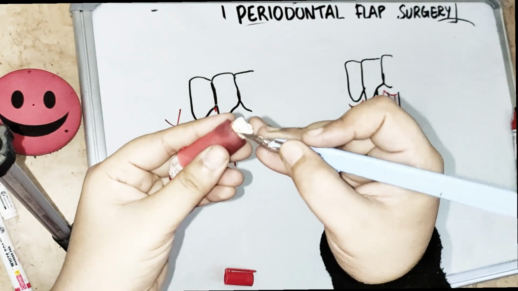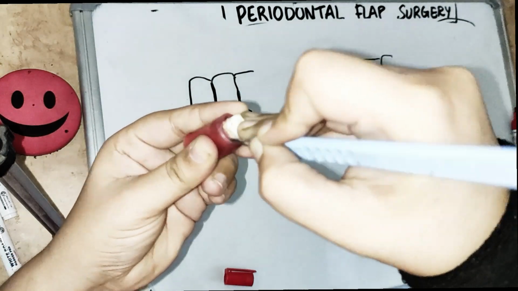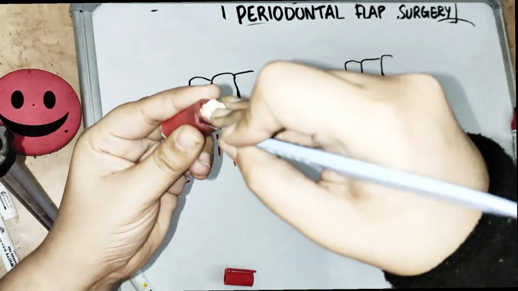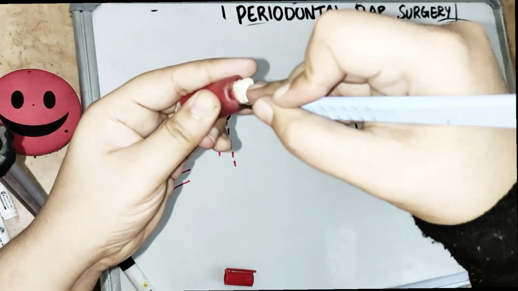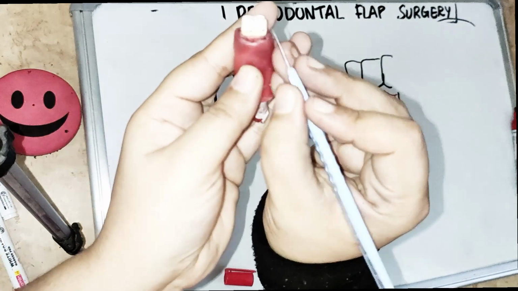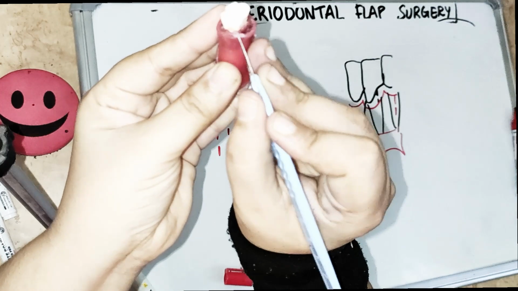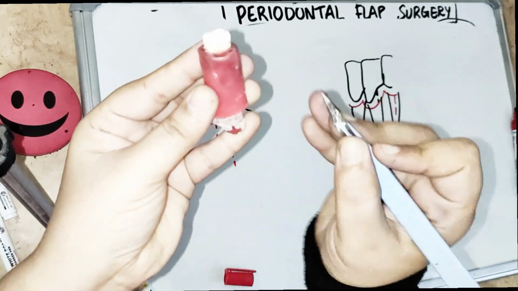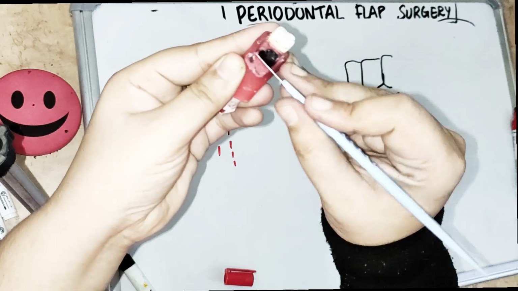Suppose you are giving a circular incision like this, right? While you are giving this circular incision, you cannot release this unless you are giving a vertical incision. Now that I have given a vertical incision here and also a vertical incision here, now you can open up this flap, right?